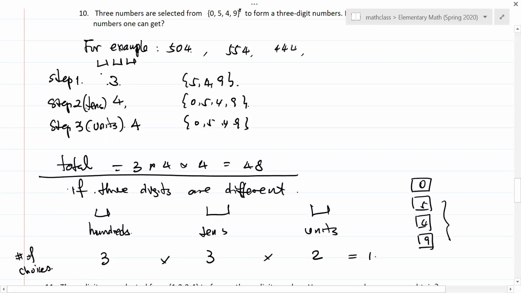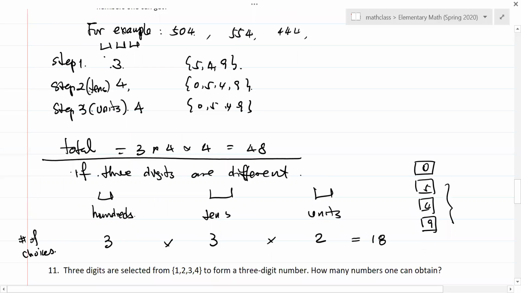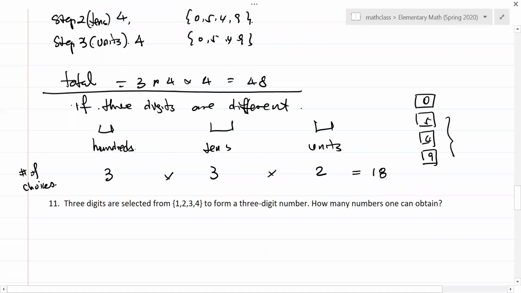Hold on, let me check. 3 times 3 times 2 is 18, not 24. 18.